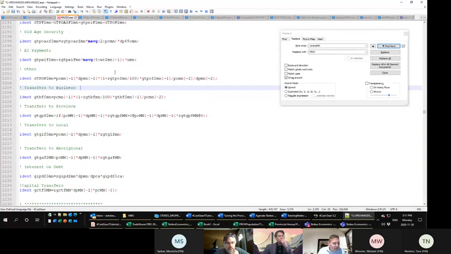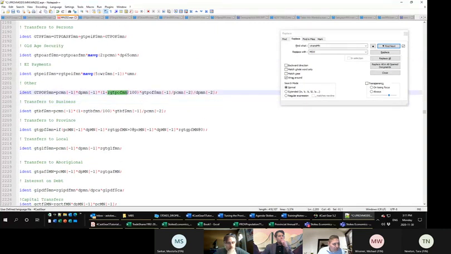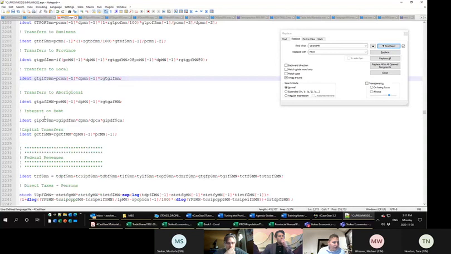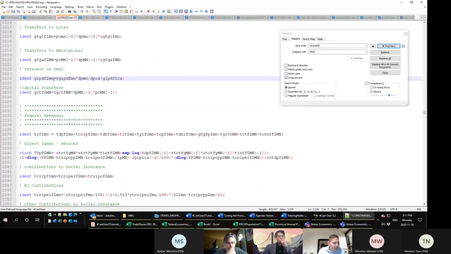I think some of these are tuned in our Canadian model, but you can override them locally, which is the way we try to set it up within the individual provincial models as well. So we've got transfers to business, the provinces, municipal government transfers, Aboriginal transfers, and then the interest on the debt that they've collected within the province of Manitoba for the feds.